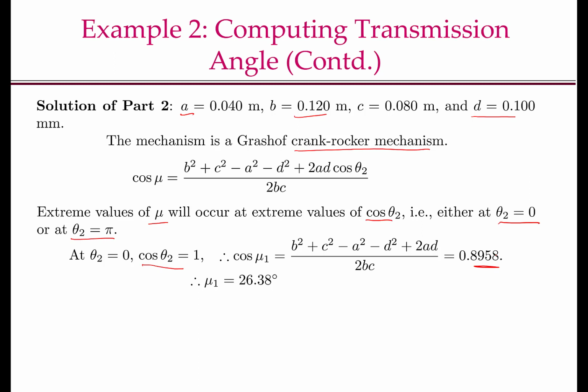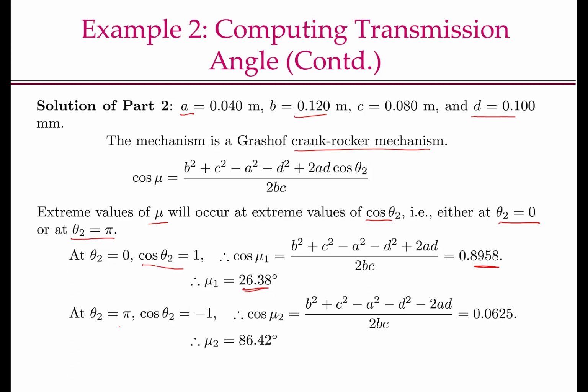And if I do the cos inverse, I get the value of mu1 as 26.38. Similarly, at theta 2 equal to pi, I have cos theta 2 equal to minus 1, and I get cos mu2 equal to 0.06. I solve for mu2 by taking the cos inverse of this value, and I get 86.42. So my transmission angle here is 26.38 degrees.